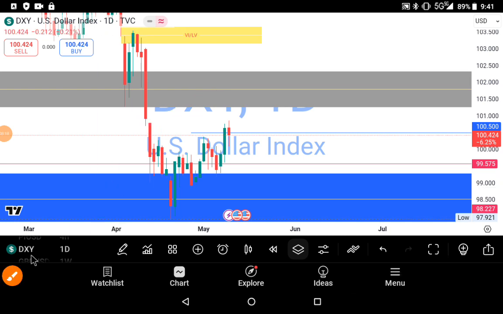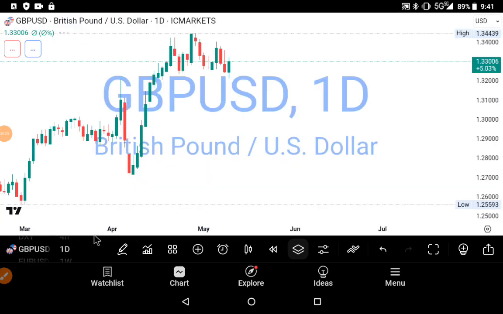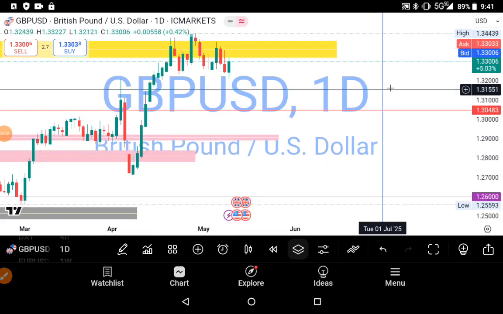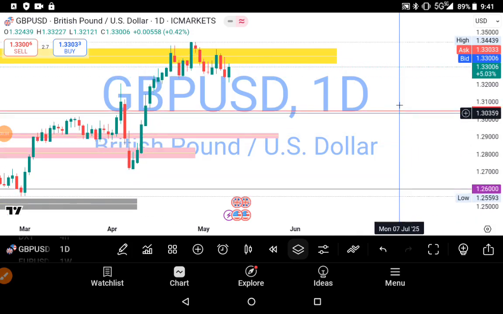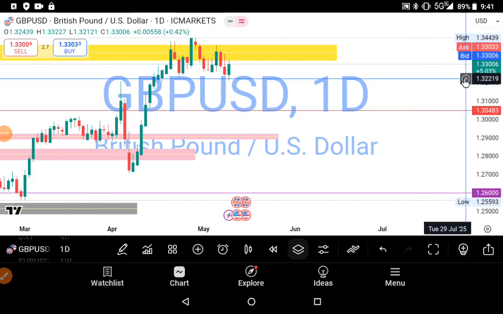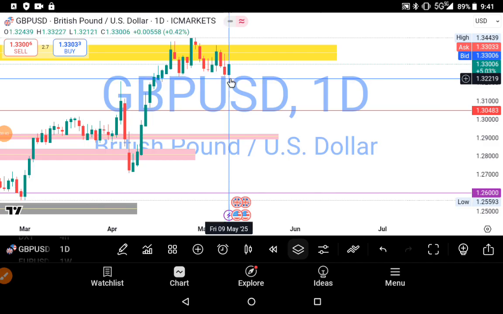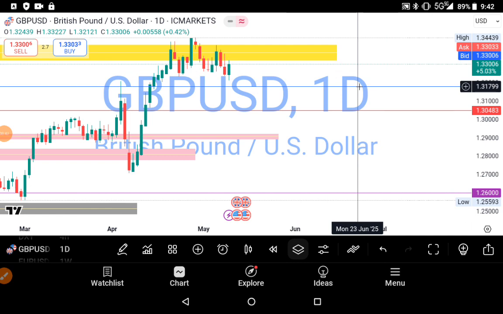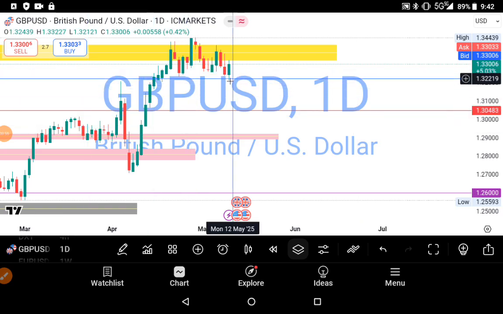So let's go to our GBPUSD, which is our cable. Last week I was interested in the level 1.32 thousand, or 1.31 thousand if it gives us the opportunity and drops further. 1.32 thousand was close and was tagged.